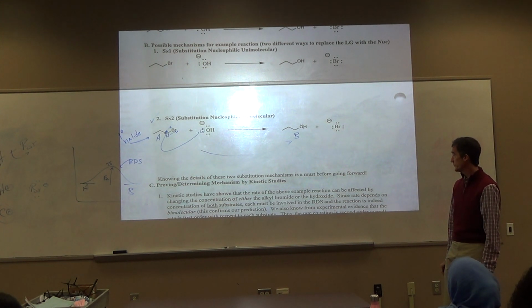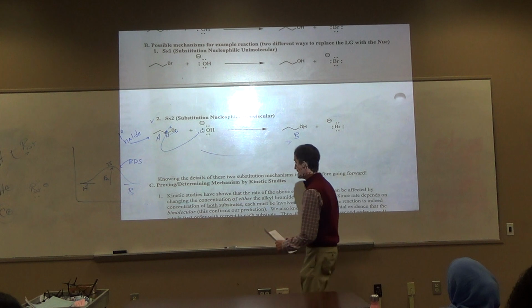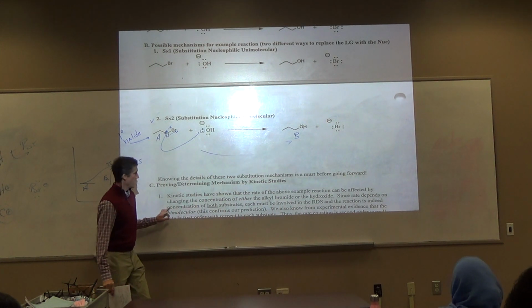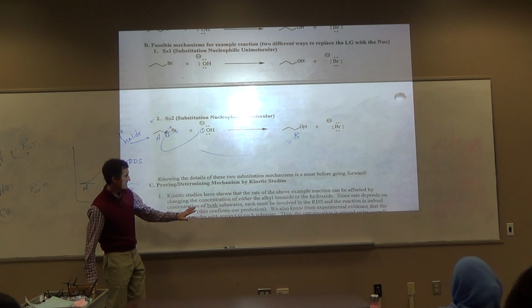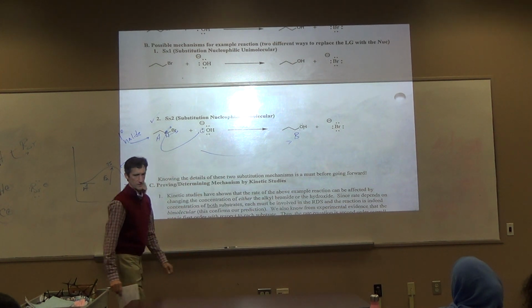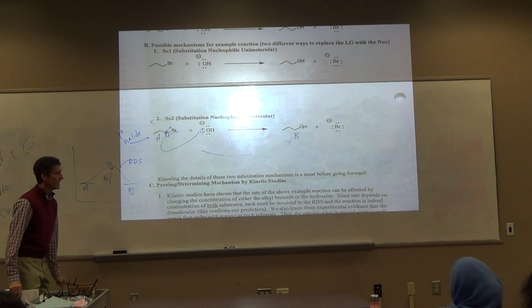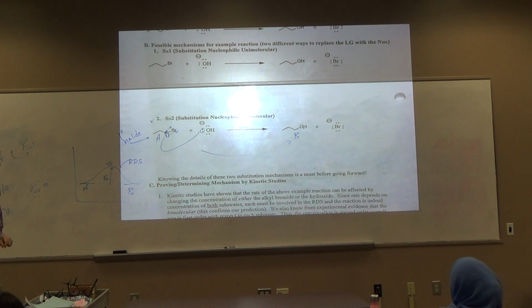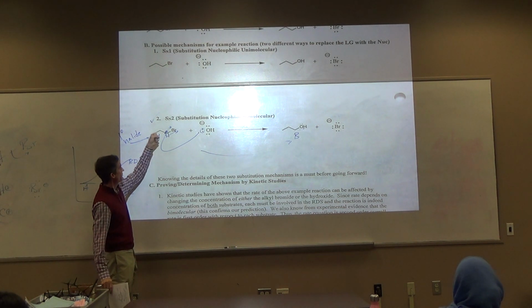And if you do that, the rates will tell you that the rate can be affected by changing the concentration of either one of the substrates. That information tells you that both are involved in the rate determining step. Since both are involved in the rate determining step, this information tells you it's SN2.